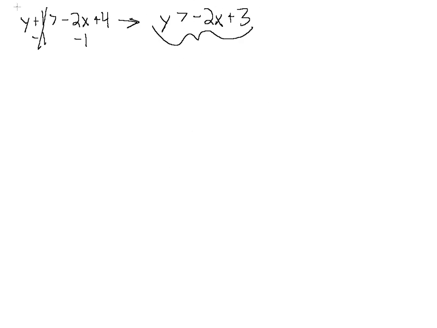So the first thing we want to do is pick out a few values for x so we can get a few points on our graph that we can connect with the line. We want to be studious about this, so let's pick out a few simple ones. X equals 0 is always an easy one. So when x equals 0, y equals minus 2x, which is 0, plus 3.